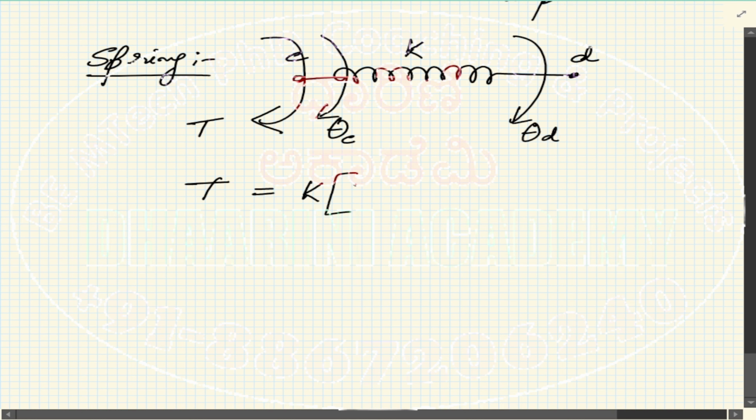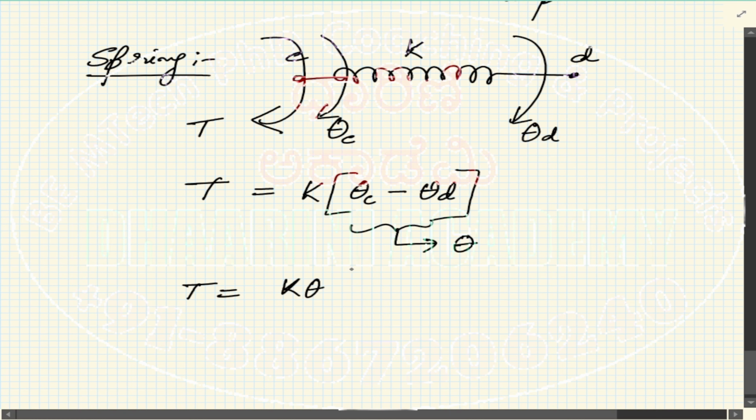We wrote x1 of t minus x2 of t there, and now x1, x2 are replaced by theta, so this is theta C minus theta D. If you represent theta c minus theta d as some theta, the actual difference between them, you can also write T as k into theta.